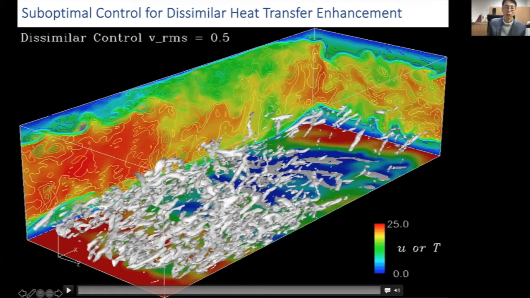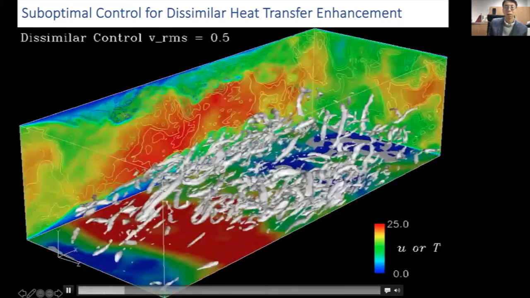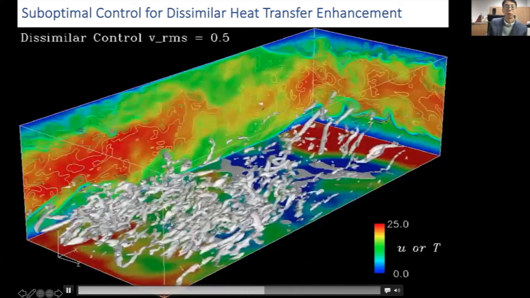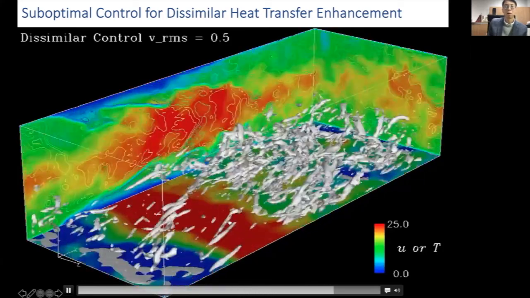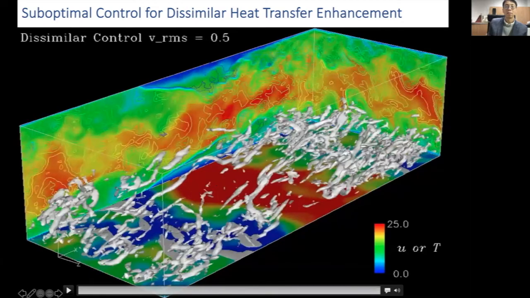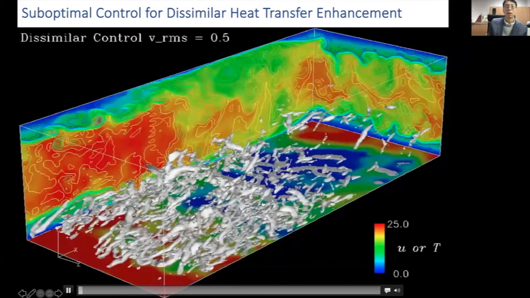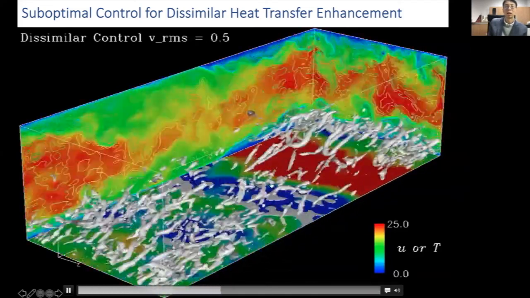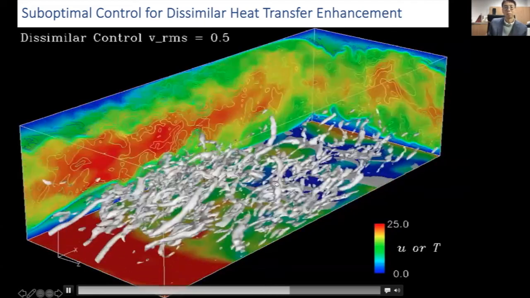You can see that in a large area we have blowing and a large area of wall suction, and in between we have a vortex region. As you can see, this suboptimal control input is almost uniform in the spanwise direction, followed by another spanwise uniform wall suction. And this wall blowing and suction is propagating downstream.